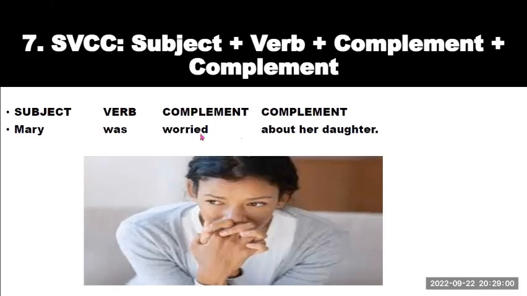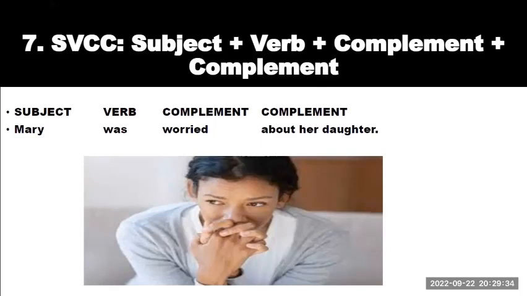Now, this one is the complement of the subject. Worried is the subject complement. Mary was worried. If we omit worried, then the question will be what? Mary was what? Mary was worried. So that describes the mood of Mary, her state of mind at the time of speaking or writing.